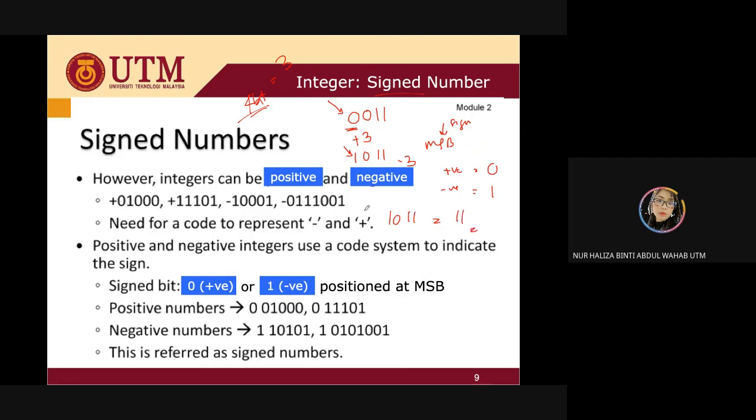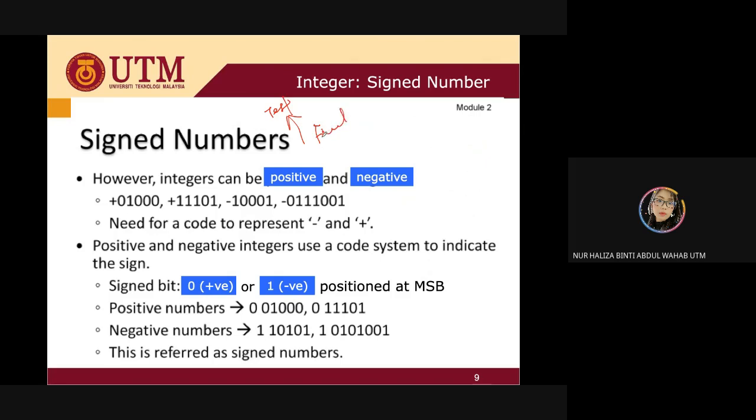But in the question, don't worry, it will inform you that this is a sign number, and that this is magnitude, this is sign, and so on. So you will be given a hint. Sometimes you might really be confused when you answer your test or your final exam.